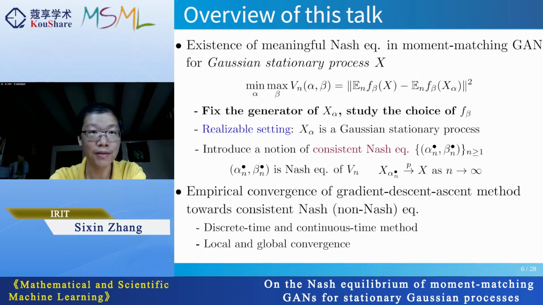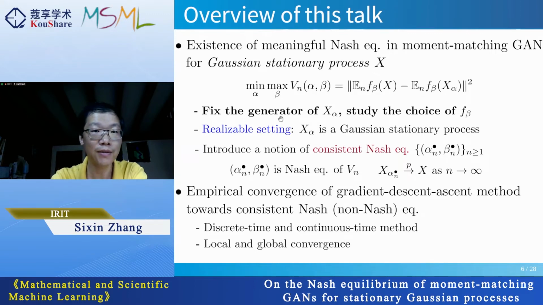And so this is somehow the motivation for what I want to talk about today: to study the existence of meaningful Nash equilibrium in moment matching GANs for a particular case called the Gaussian stationary process. And we're going to consider this min-max problem with two variables alpha, beta by matching this moment.